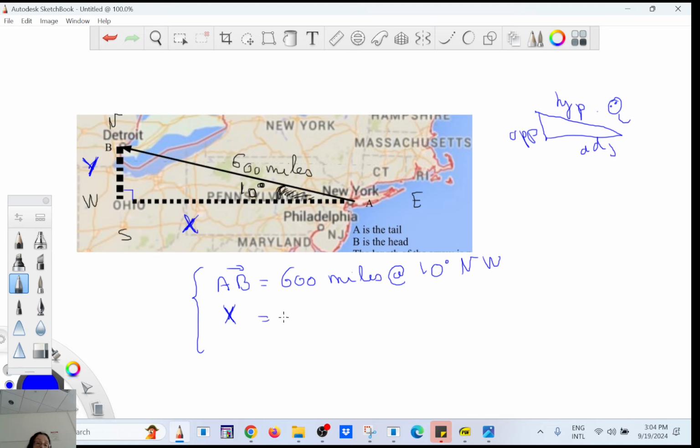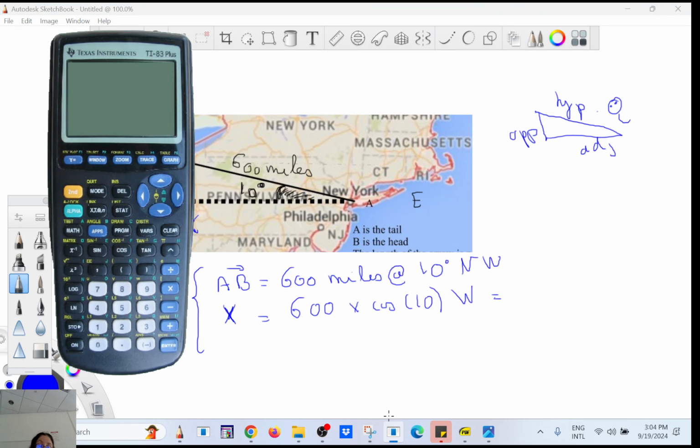So in that case, it's going to be 600 times cosine. But here you have to be careful. It has to be west, and west is like minus. So you do 600 cosine 10, which is 591. Do you agree?